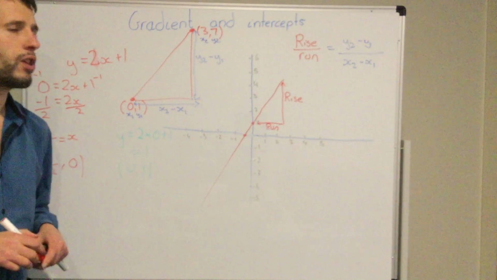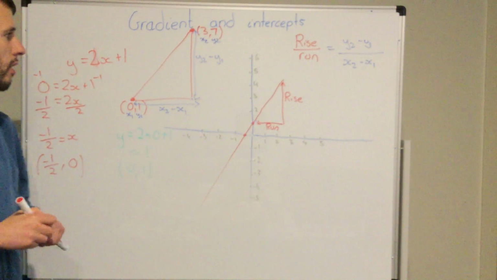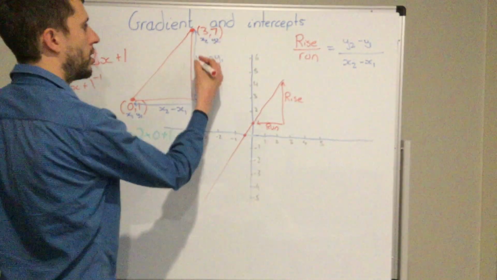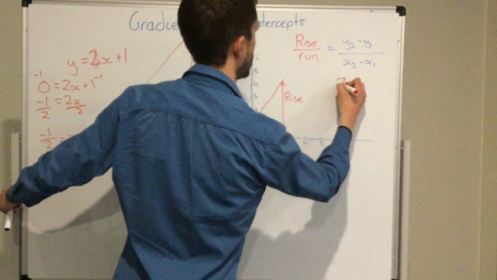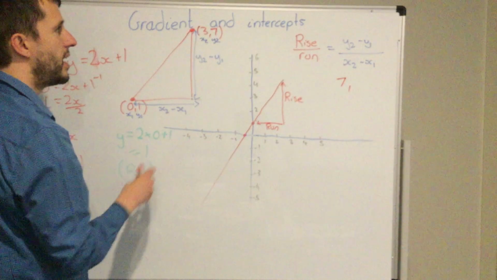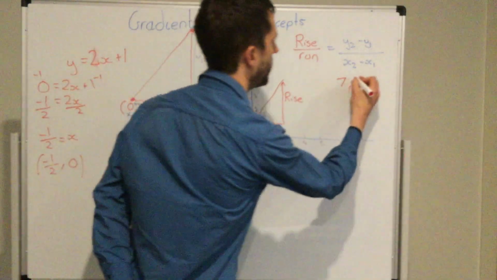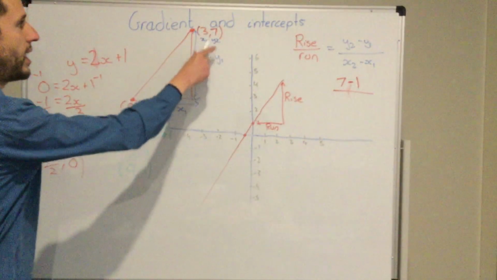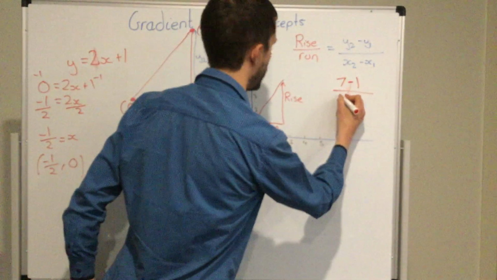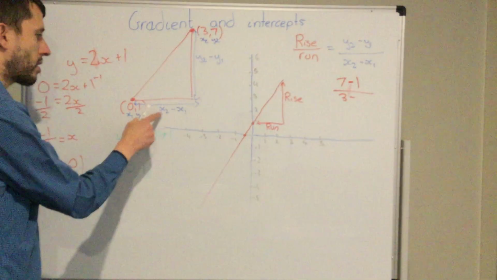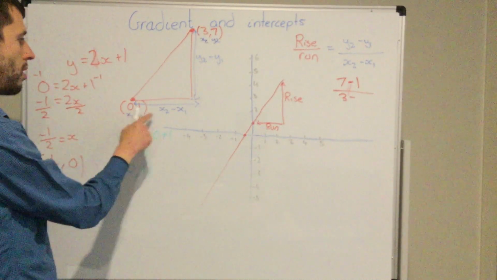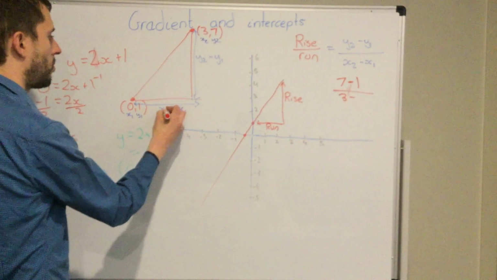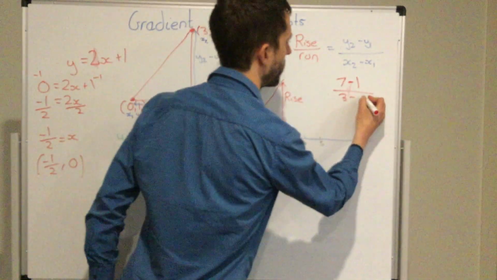Now that I have the equation for the gradient, I need to solve it. So I need to substitute 7, take away 1, over x2, which is 3, take away x1, which is 0.